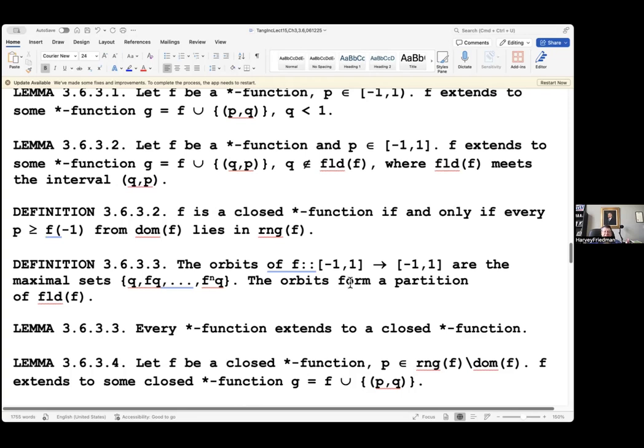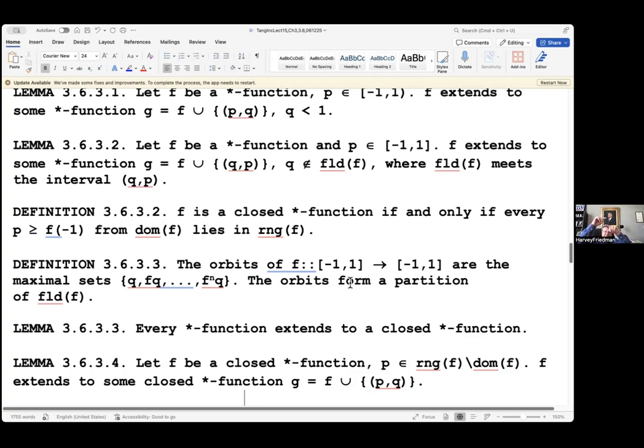So we're taking the inverse of P. We're adding an inverse where Q is not in the field of F. We always want to be able to do this without using anything in the field right now, and we want the field of F to meet the interval QP.